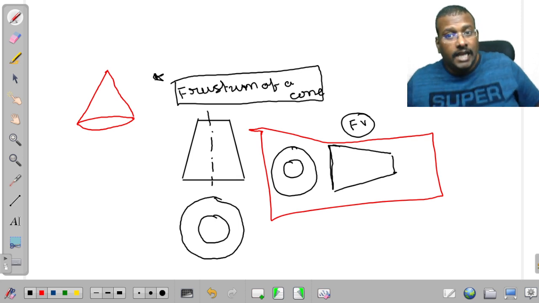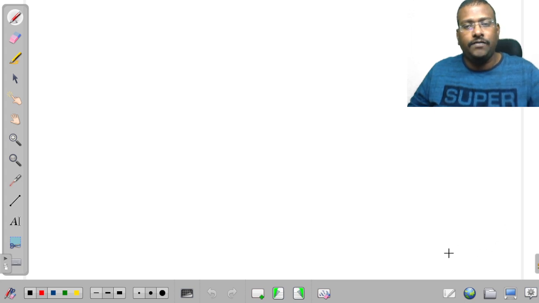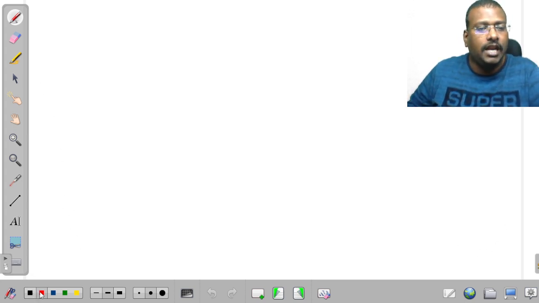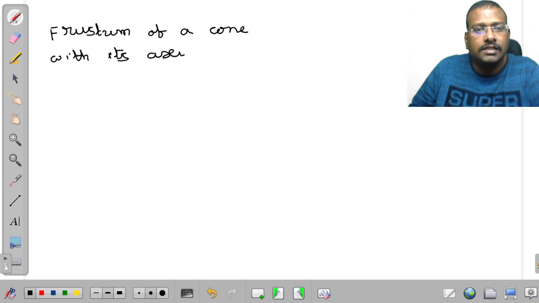So which element is going to be considered for differentiating first angle and third angle projection? That is the frustum of a cone with its axis horizontal.